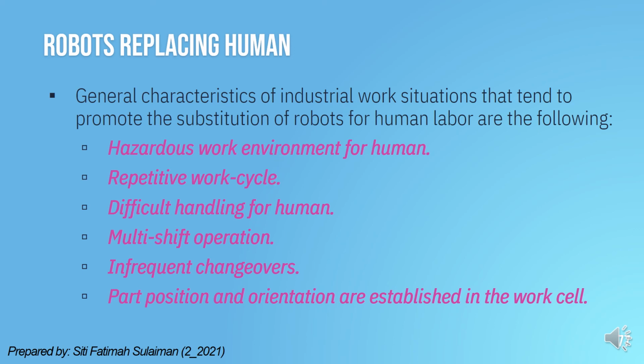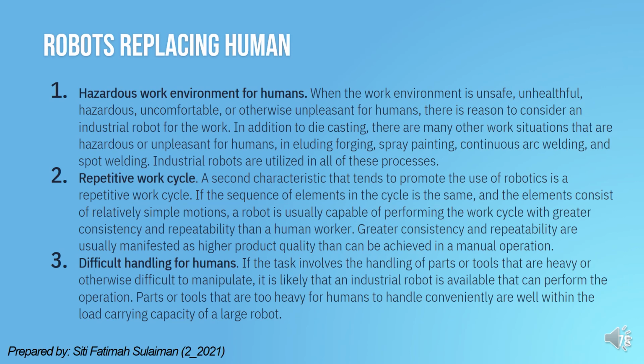A robot is usually capable of performing the work cycle with greater consistency and repeatability than a human worker, especially when the sequence of elements in the cycle is the same and the elements consist of relatively simple motions. All these are detailed descriptions for the substitution of robots in replacing human labor in industrial work.